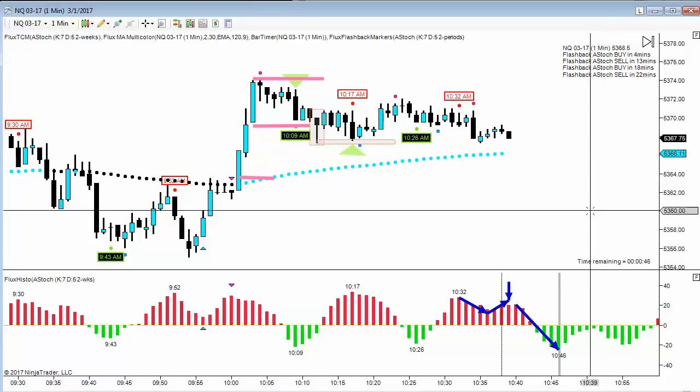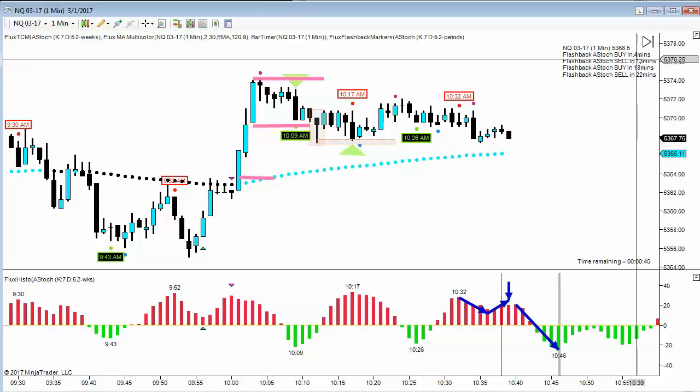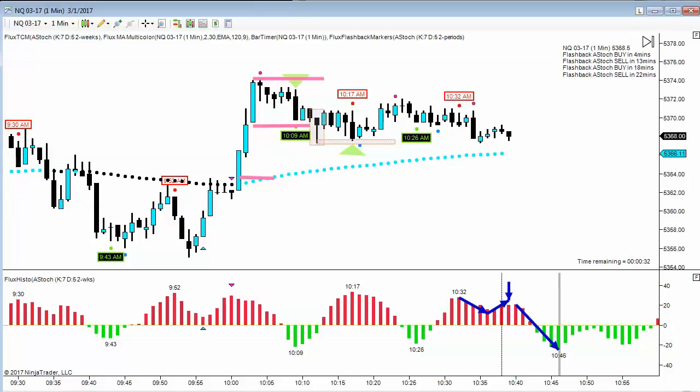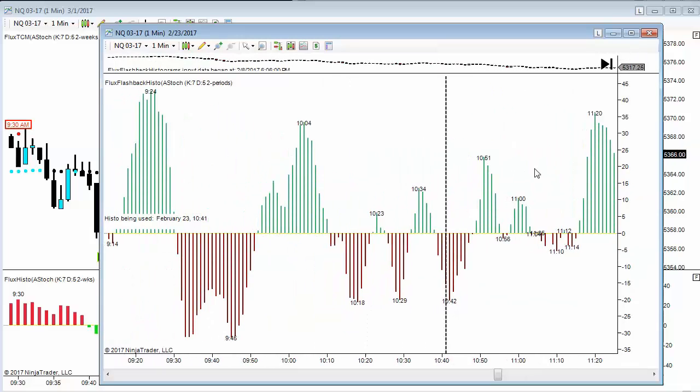So this is telling me between 1046 and 1043, there's been historic buying pressure exerted in this market that's relevant. Okay? So this is the Flux Flashback histogram using the 3-day skip with the 2 frequency in the parameter. And it's telling me when the next signal is coming.